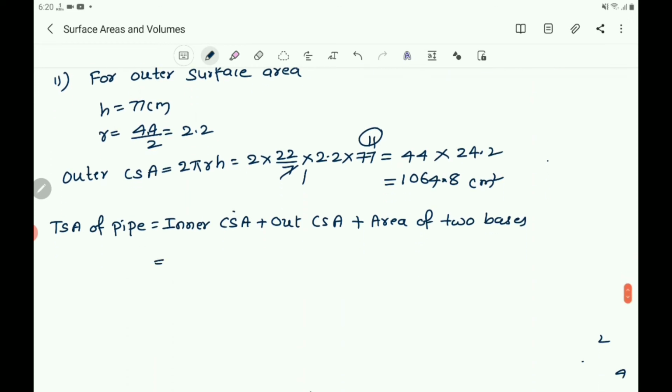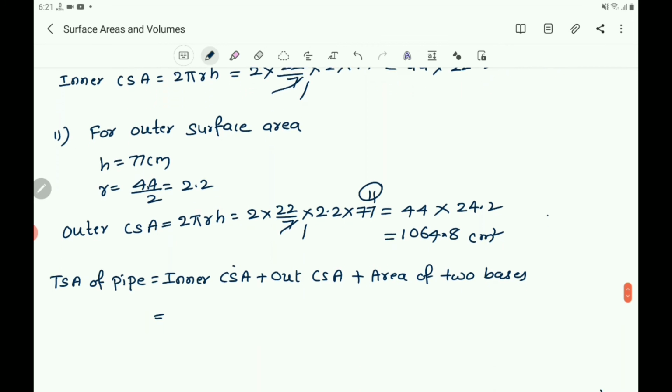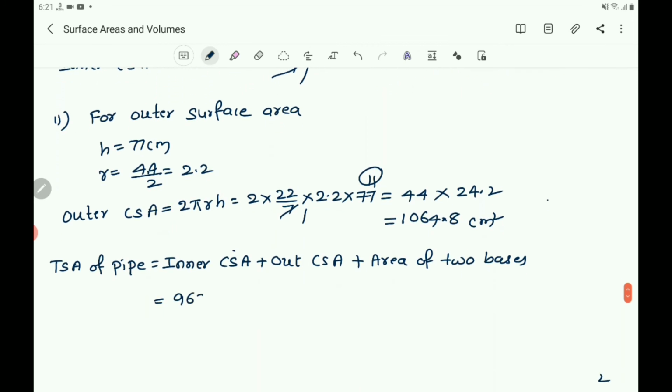Inner CSA we got 968 cm square, outer CSA 1064.8 cm square, and area of two bases becomes 2π(R2 square minus R1 square).